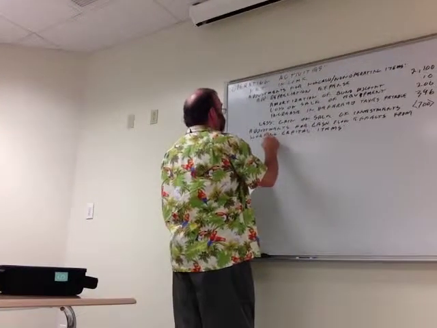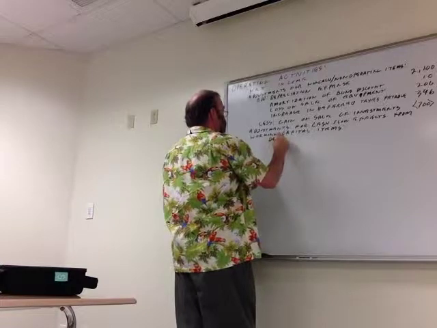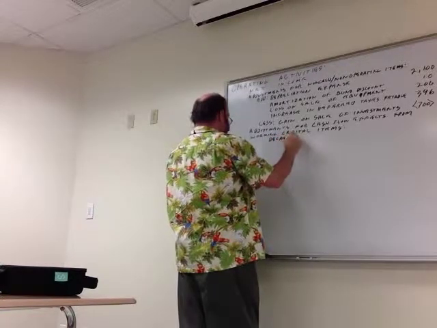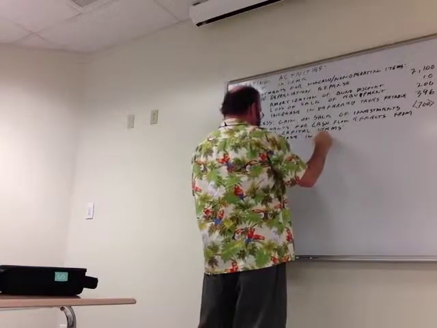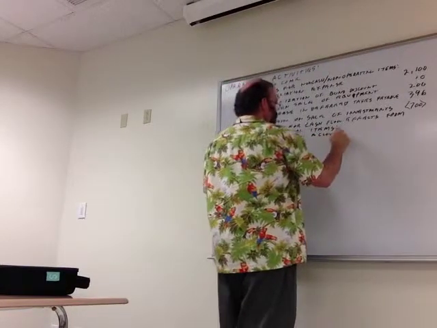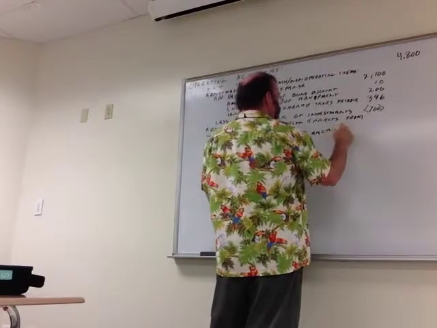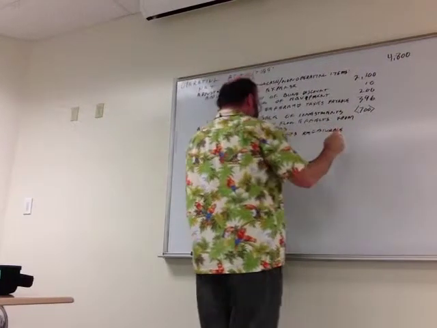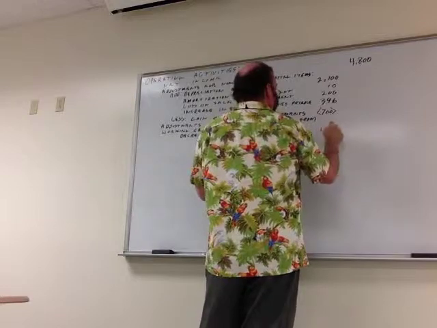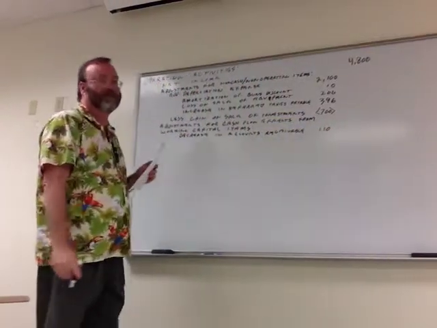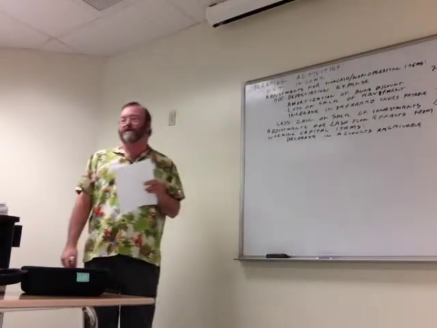It went from 2,800 to 2,690, a decrease in accounts receivable, $110. Inverse relationship for current assets. Accounts receivable went down. That means your customers were paying you.